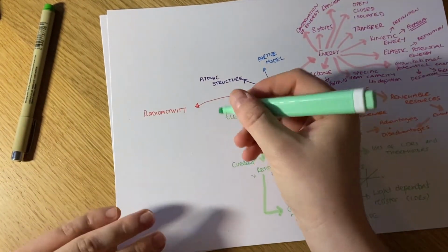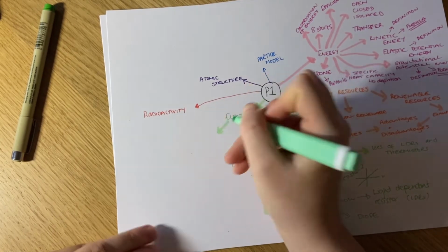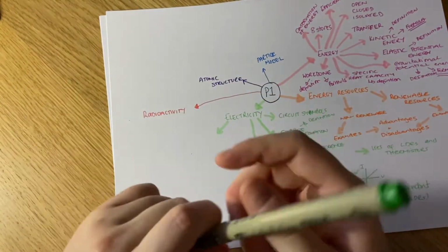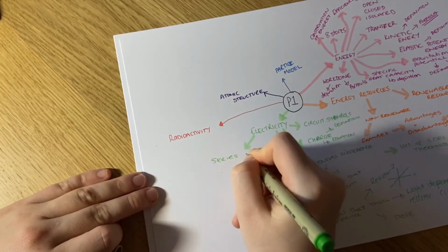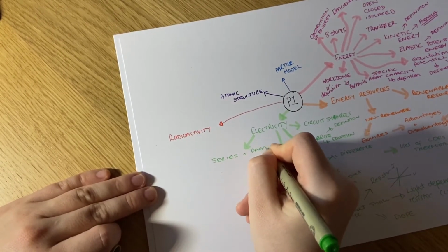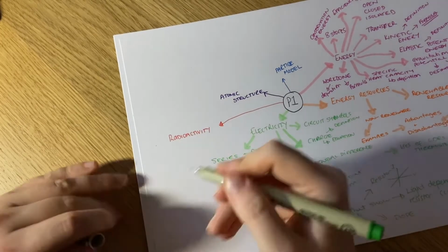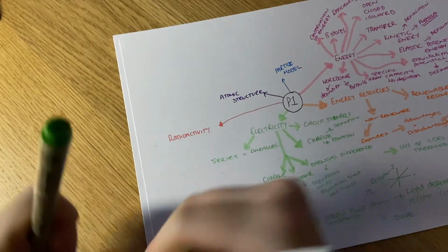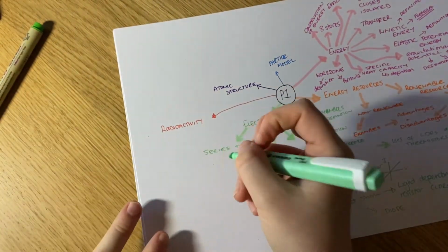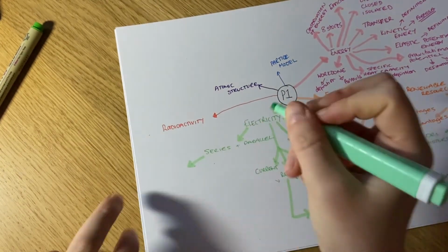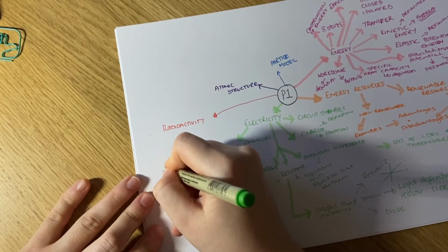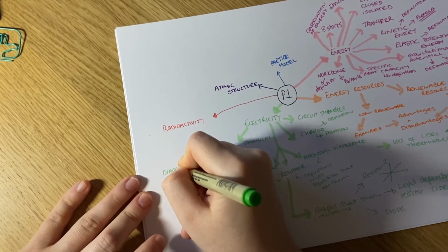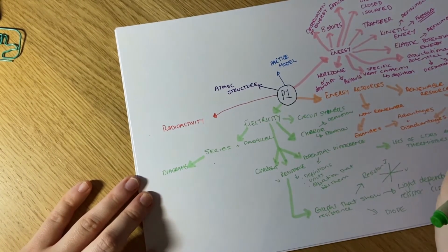Now, the next thing you need to know, and I hope that you'll be aware of this already, but you will definitely need to go over it, are series and parallel circuits, okay? So series and parallel. Now, you need to know what a series circuit and a parallel circuit actually looks like. So you're going to need to have some diagrams. But not just that.